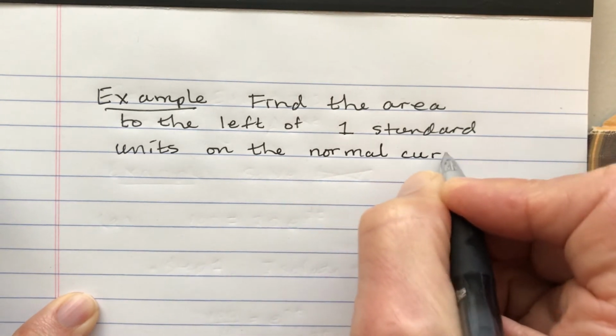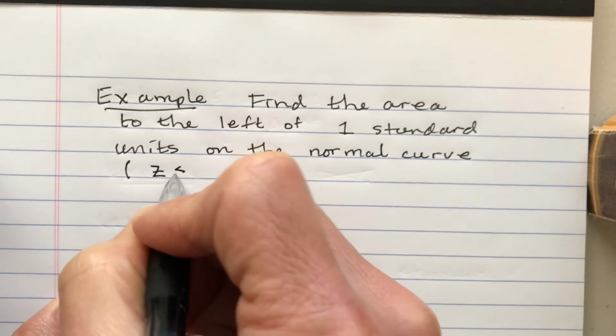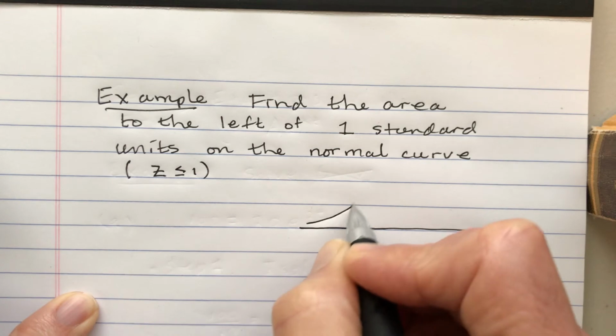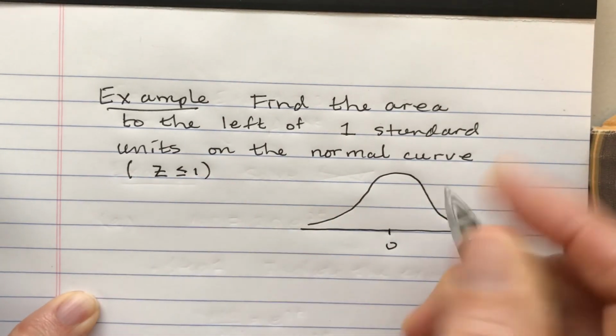I sort of think maybe I didn't use the best language. What I mean is I'm looking at z less than or equal to 1. So maybe to the left is really very imprecise. But this is precise. Z less than or equal to 1.